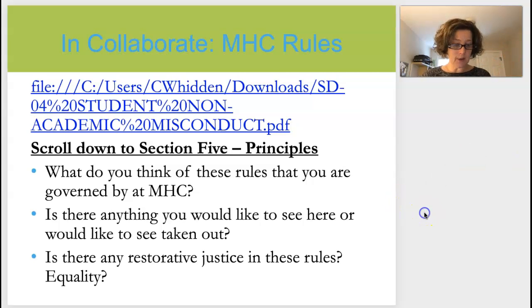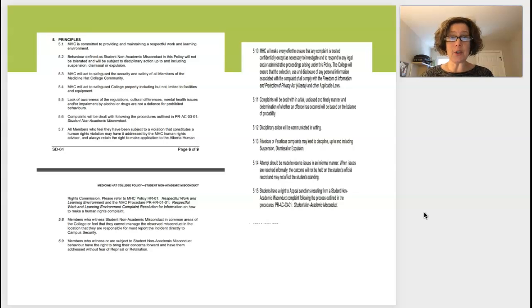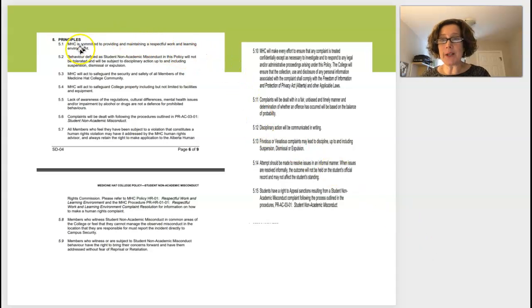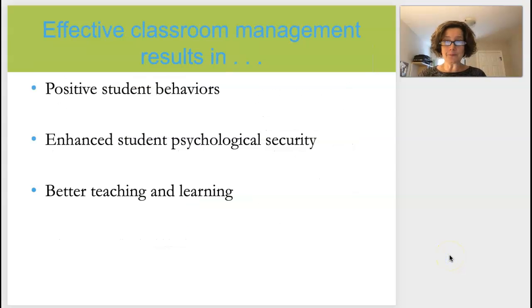I have also just put them here if you don't want to go. It's kind of interesting to go to the full document so that you can see what rules we have here as a college. I want you to specifically look at the principles and think about it from all you know now about setting up a positive learning environment and in the light of restorative justice. Again, you've seen this before.